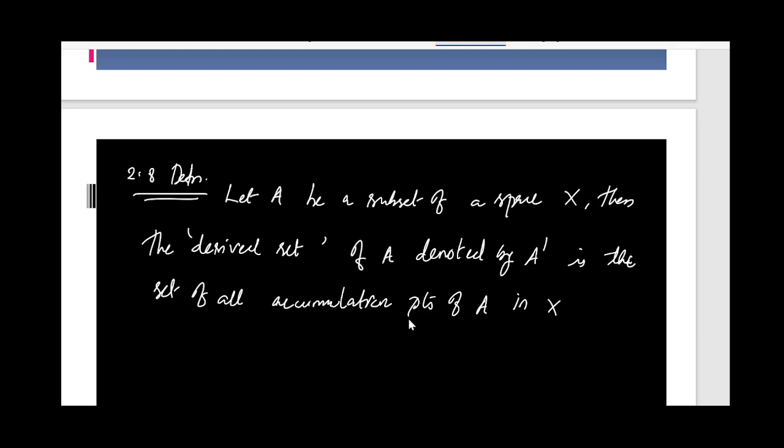Now this set is called a derived set and we will denote it as A dash. So A dash of the integers is empty, right?